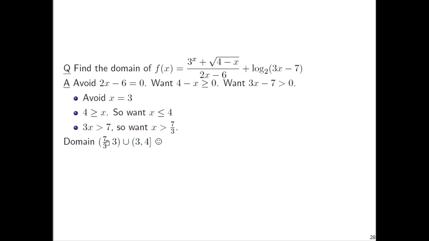So, excluding 7 thirds itself, parenthesis 7 thirds, comma, oh yeah, we got to exclude 3. So 3, parenthesis, union, parenthesis 3, comma, just go up to 4, bracket. Now, 3 and 4 are adjacent integers, I get that, but the whole point of writing parenthesis 3 comma 4 bracket is we want to include the number pi, for example.